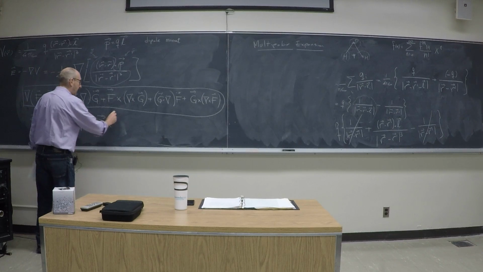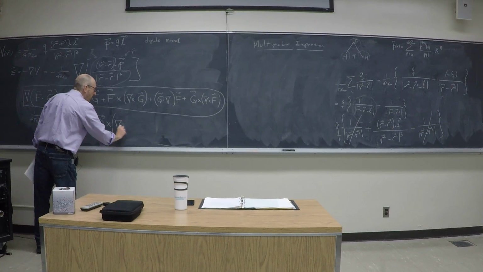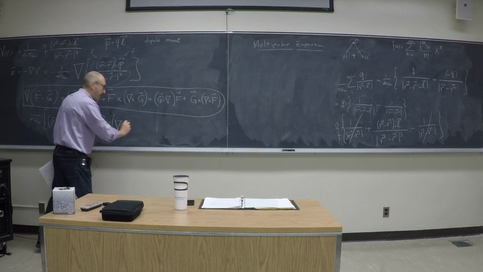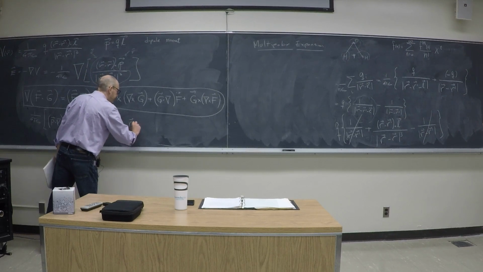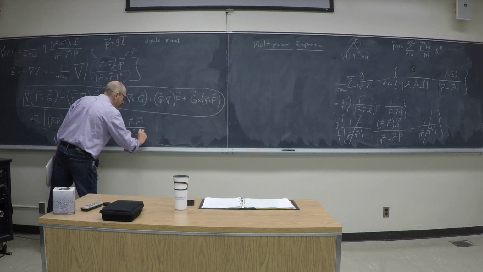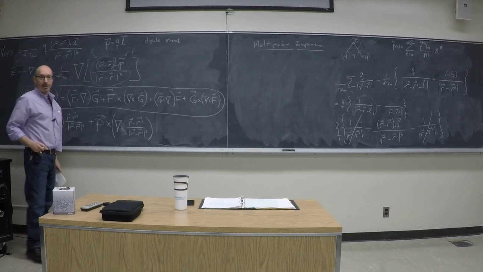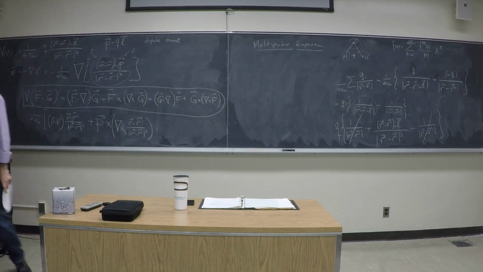So it's going to be p times the curl of r minus r prime over r minus r prime cubed. Okay, so stop here for 1 second in case somebody wants to say that something is not clear.